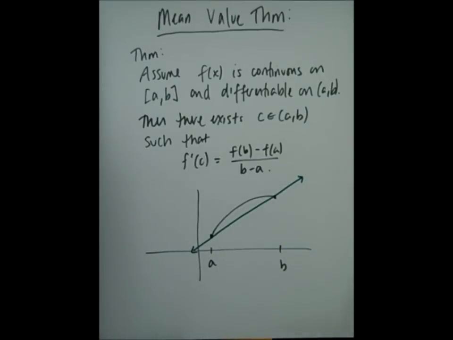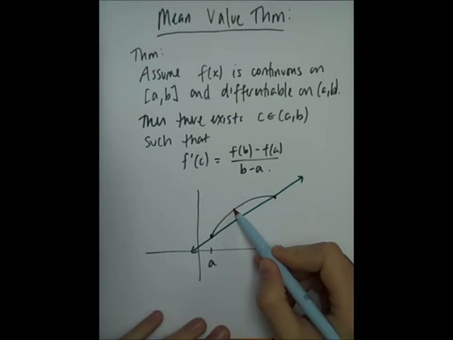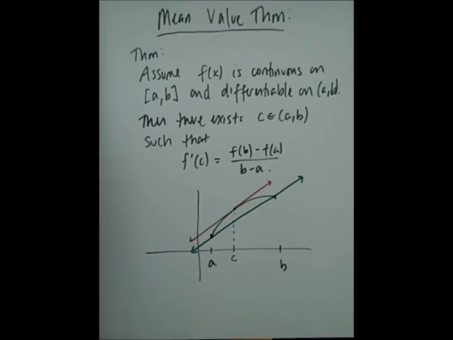The slope of this secant line corresponds to the slope of some tangent line for a value between a and b. So probably right here, that has the same slope, so there's our c.